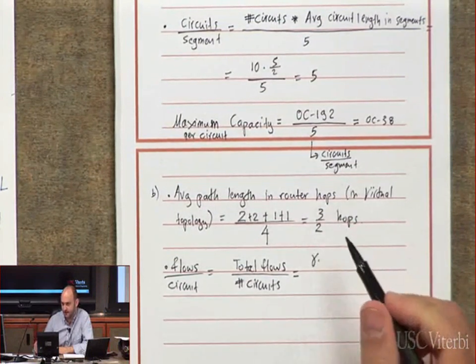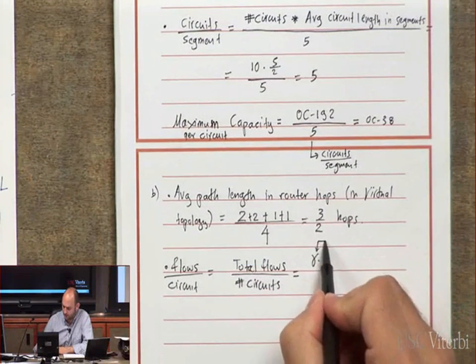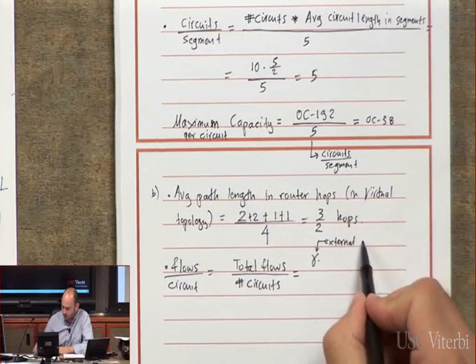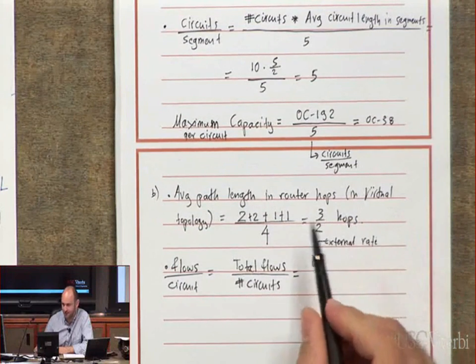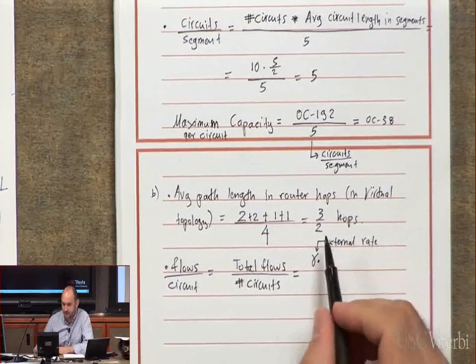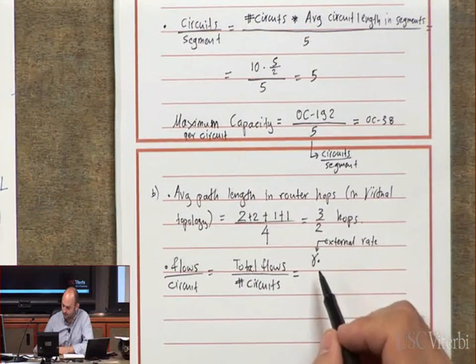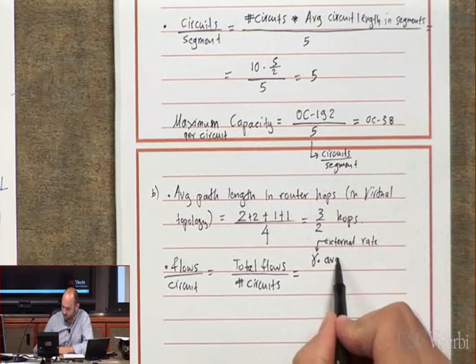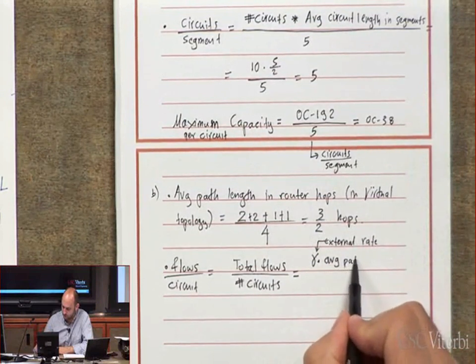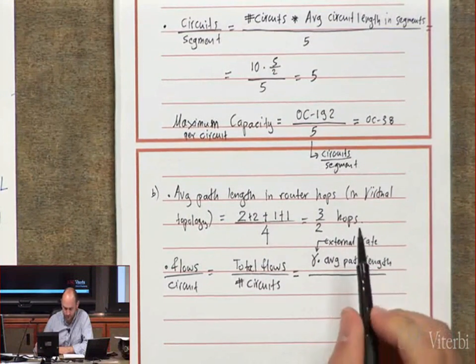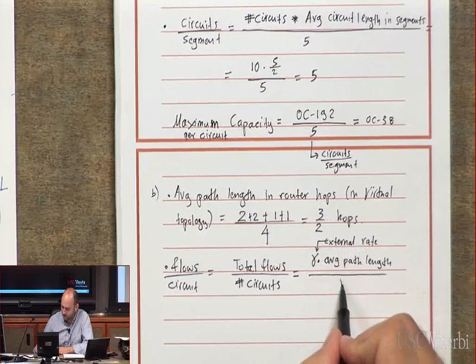We multiply the external arrival rate, or external flow, times the average path length, which is 3 over 2. And this would be divided by 10.